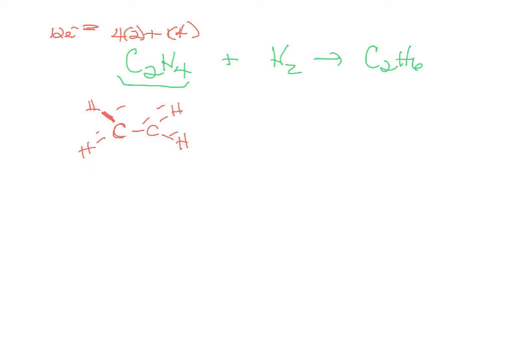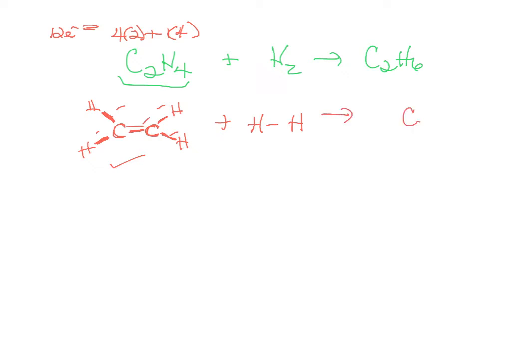Each carbon has 2, 4, 6 valence electrons around it. So by putting a double bond in between the 2 carbons, we've now used all 12 valence electrons, and each carbon now has an octet, which is much more stable. So that is the structure of C2H4. Hydrogen is simply a single bond.